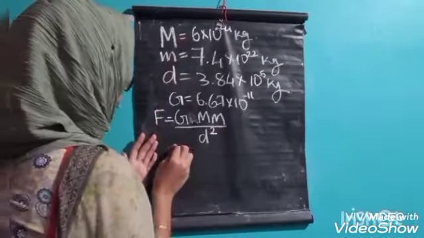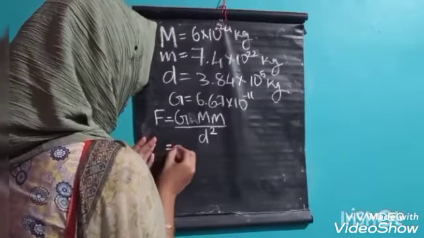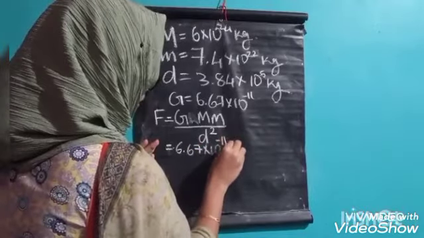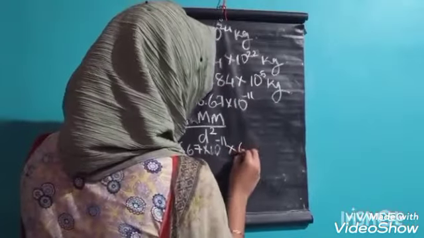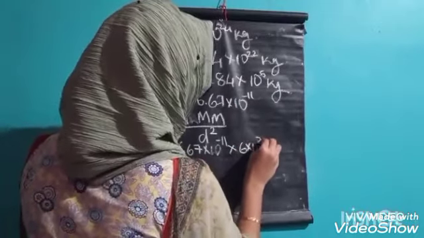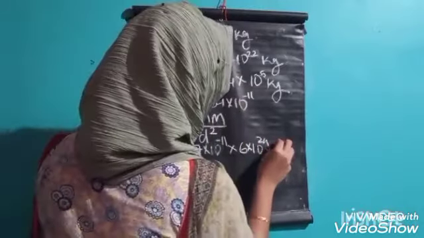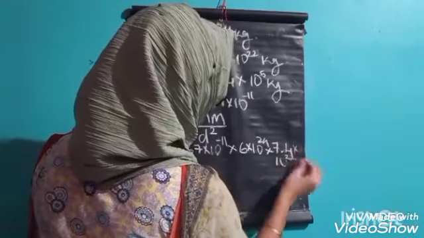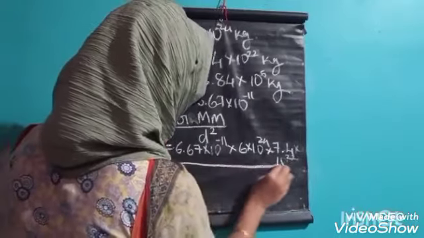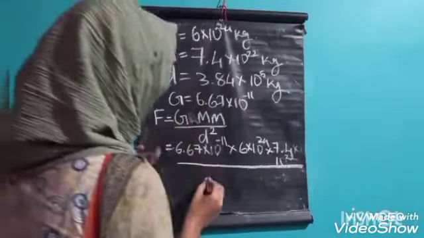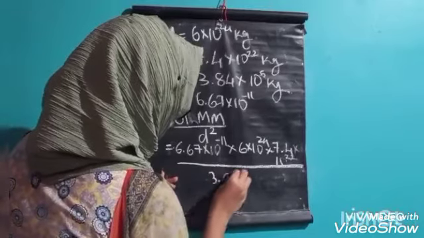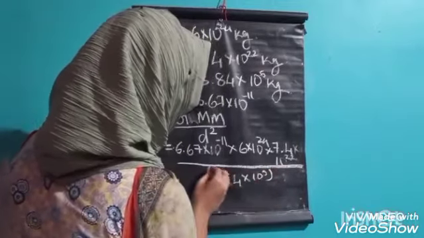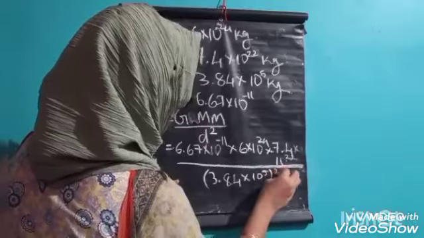The value of G is 6.67 into 10 raised to minus 11, into the mass of the earth 6 into 10 raised to 24, into small m, the mass of the moon, 7.4 into 10 raised to 22, all divided by D square, where D is 3.84 into 10 raised to 5, all squared.